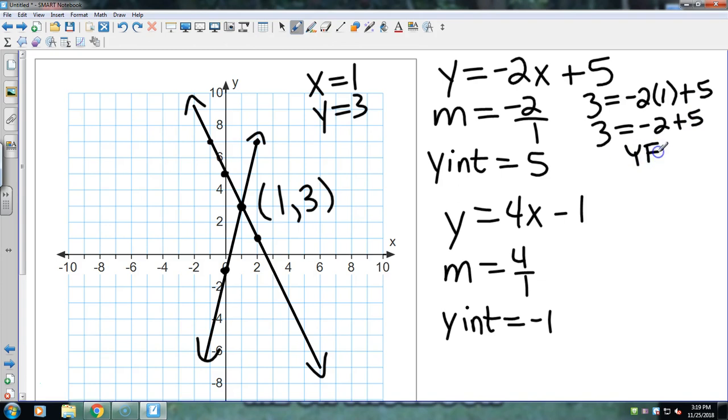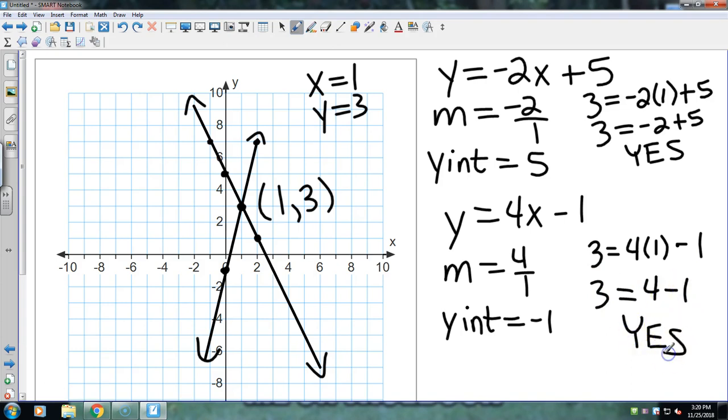Okay, yes, that one works. So let's check out the second one. Is 3 equal to 4 times 1 minus 1? So is 3 equal to 4 minus 1? And yes, that one works. So my solution is the coordinate where they intersected, which is 1, 3.